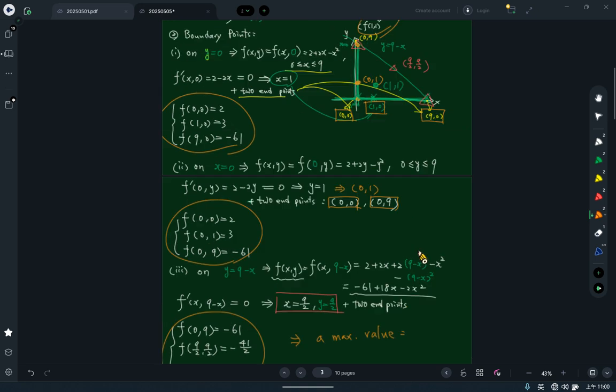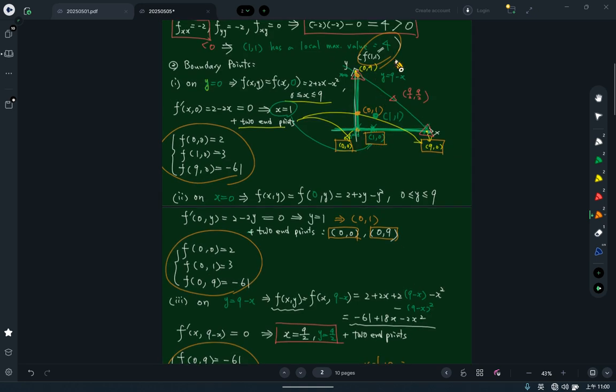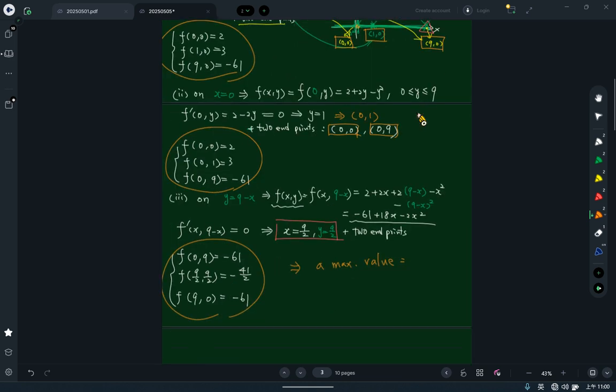So finally, we can conclude that a maximum value is 4. A minimum value is -61. This is at (1, 1).